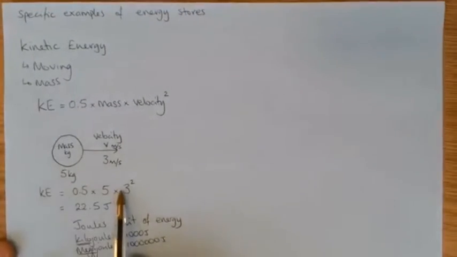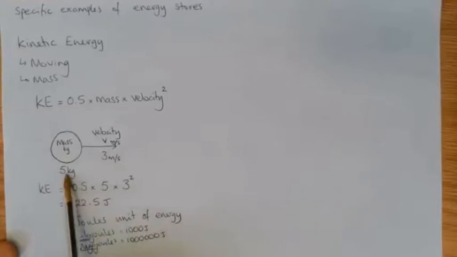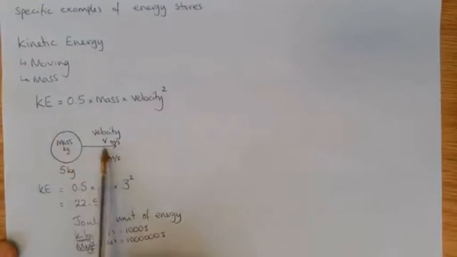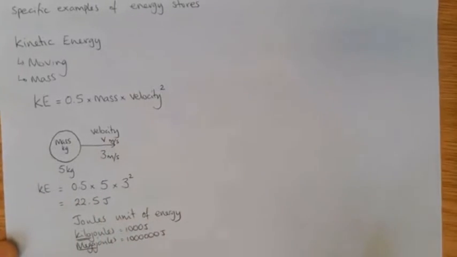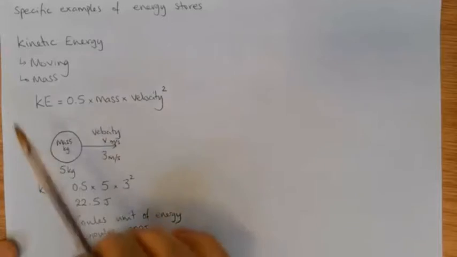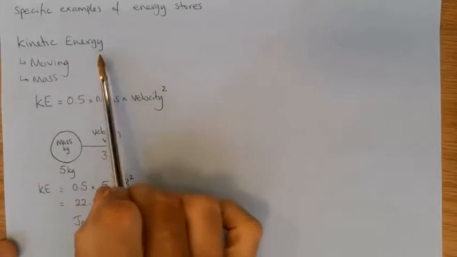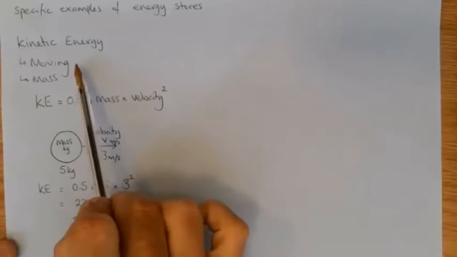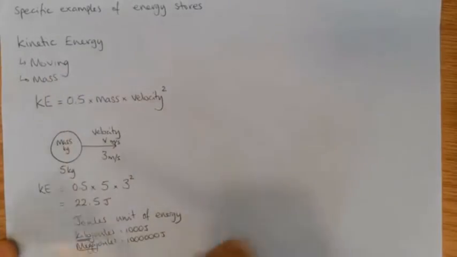But in this example, a really small example, a 5 kilogram mass moving at 3 meters per second will have kinetic energy of 22.5 joules. So kinetic energy is the amount of energy associated with a mass moving at some speed.